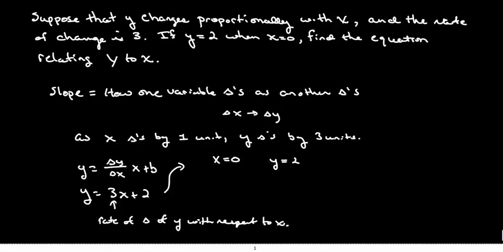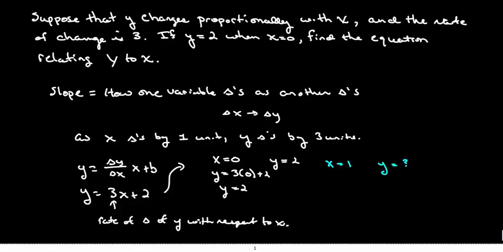If we plug in 0 here for x, we have y is equal to 3 times 0 plus 2, and we get y is equal to 2. Now watch. Let's say x changes by 1 unit. So we increase x by 1. What happens? How does y change?